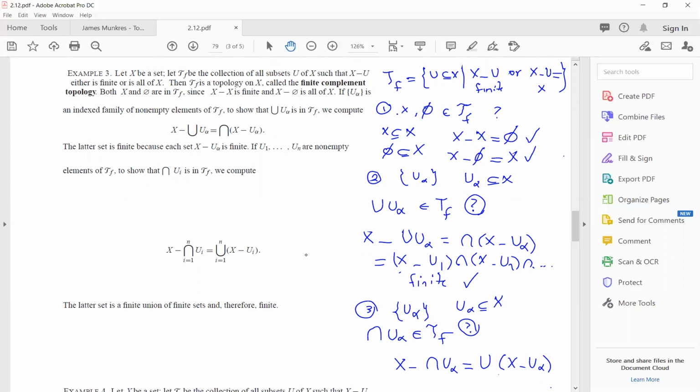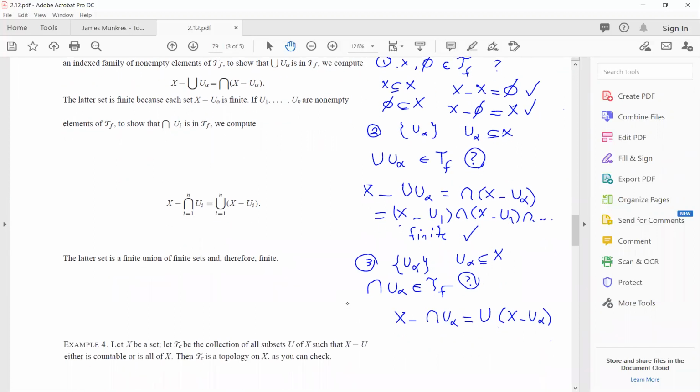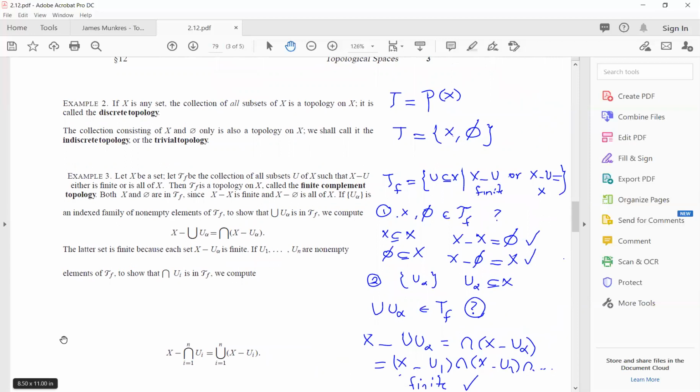If X minus U alpha is a finite set, we are taking the finite union of finite sets. The finite union of finite sets is also finite, and we're done. We just showed that tau sub F is a topological space. We call it a finite complement topology.